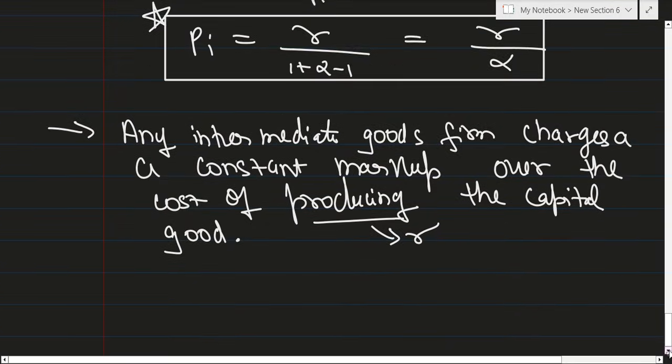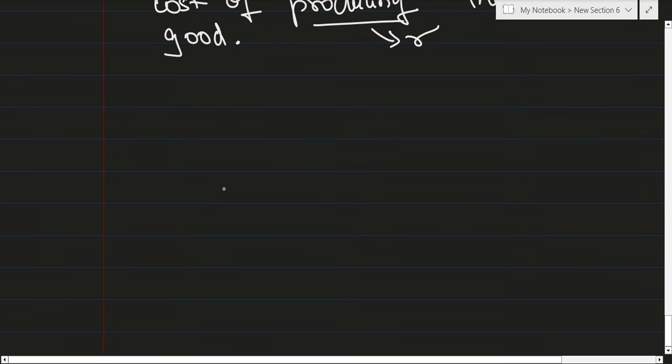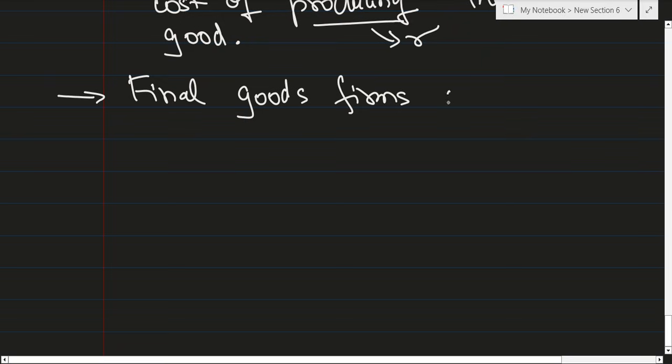Okay, now basically what Schumpeter wants to say is that final goods firms only purchase, only buy the latest version of capital good.